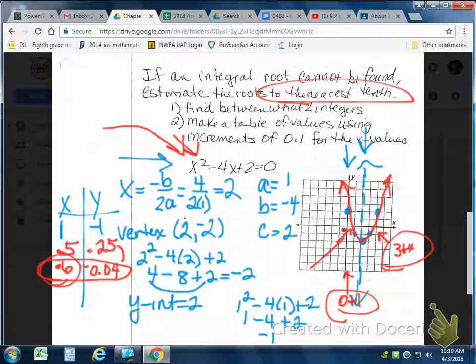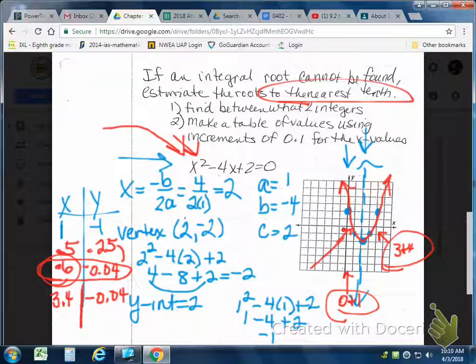All right, now on the other side, so Adam, what x value did I give you? 3.4, right? 3.4. And when you plugged in 3.4, what did you get for the y value? Negative 0.04. Negative 0.04. Does that look familiar? Yes. Look at that.